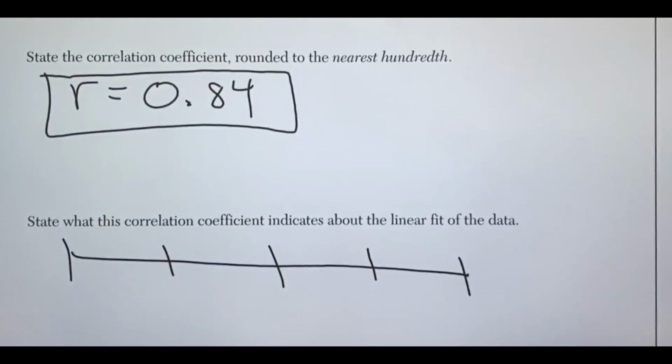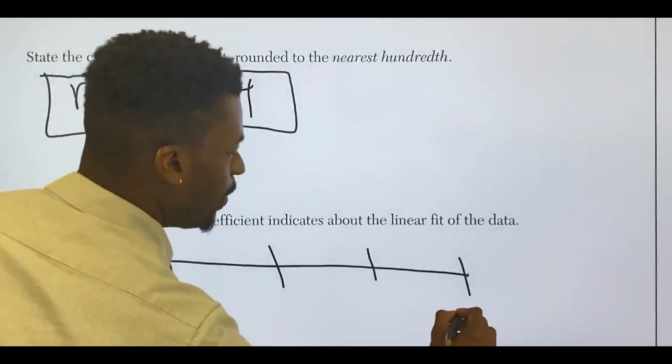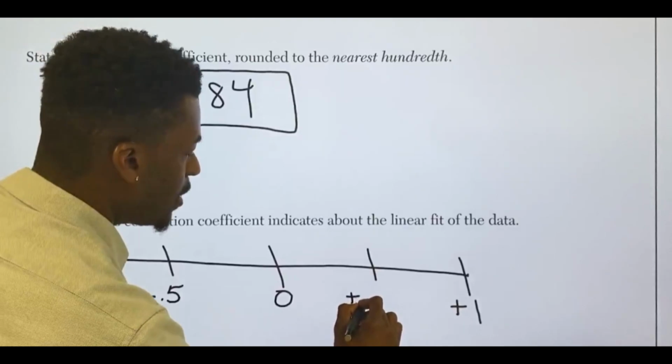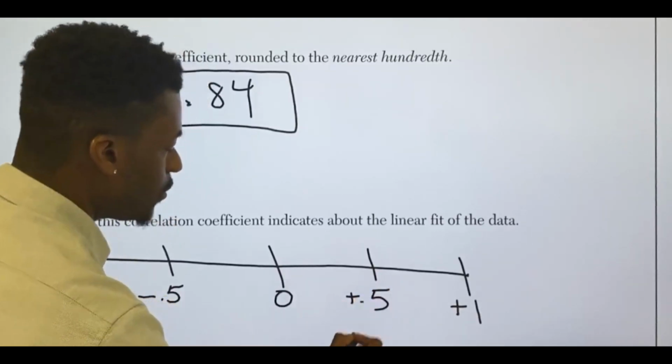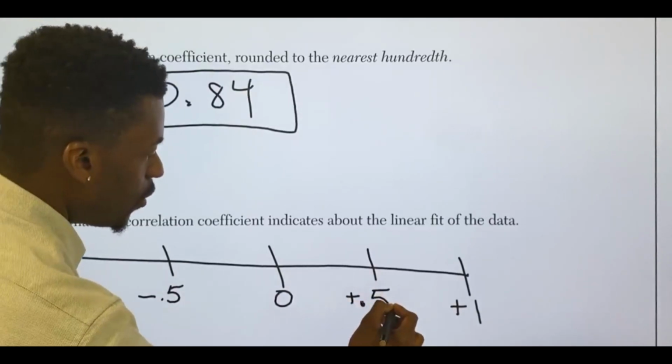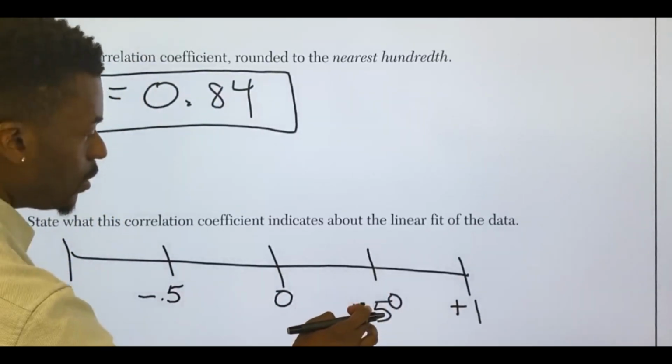Okay? Over here is going to say -1. This is +1. This is 0, just like a number line. -0.5, and this is going to be +0.5. All right? Or 0.50 if you want, just so you know, half of 1.